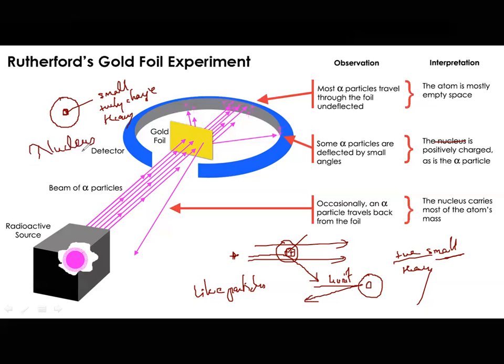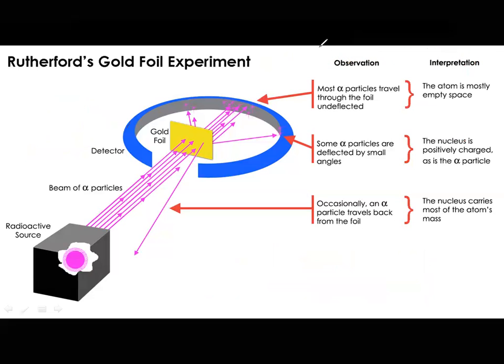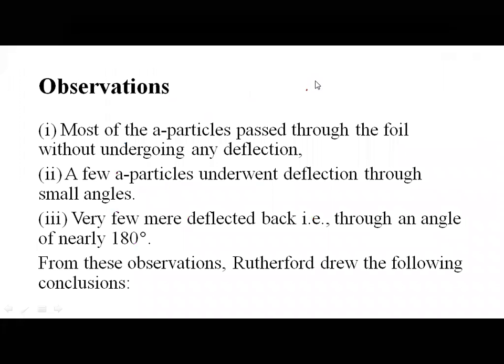He was the first one to use the term nucleus in an atom, and therefore Rutherford's model of an atom is called Rutherford's nuclear model of an atom. Cleared? So these were the observations and interpretations he came to.